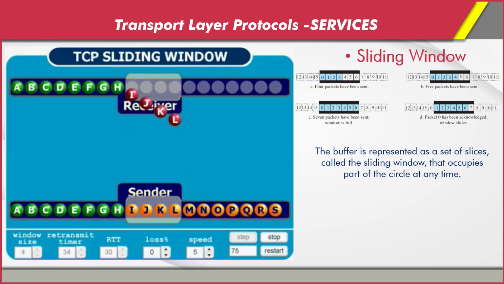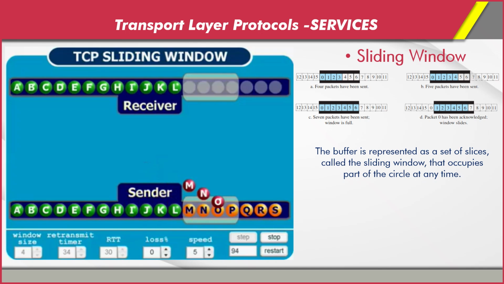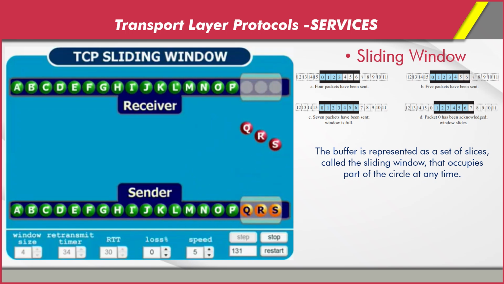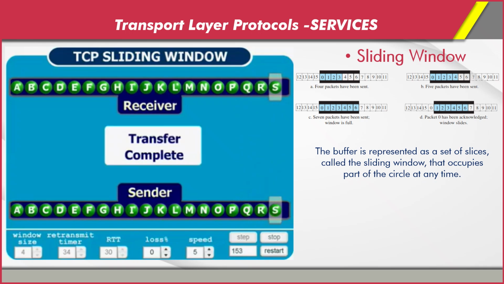After sending the acknowledgement, the receiver will erase the 4 bits, that is, the 4 window size allocated, and it will again be ready to accept the next 4 bits. This keeps on going, and we fix the retransmit timer as 34 and round trip time as 30, and loss calculated as 0%, and we have demonstrated using the speed as 5. So at a time we are able to send 4 bits from the sender side, and the receiver receives them.